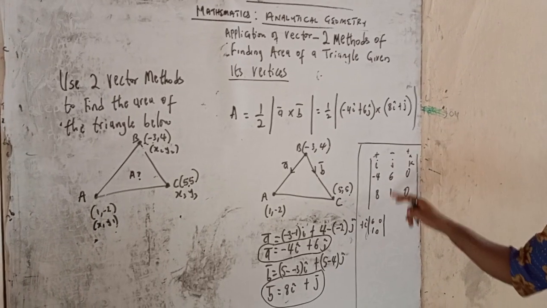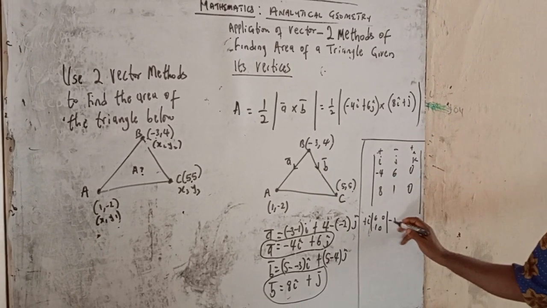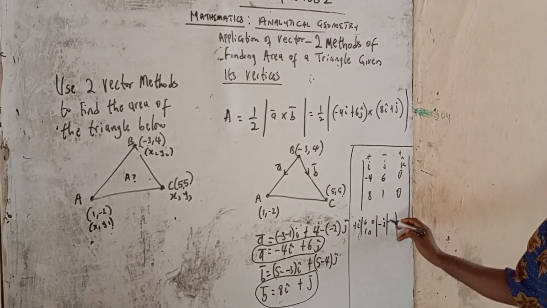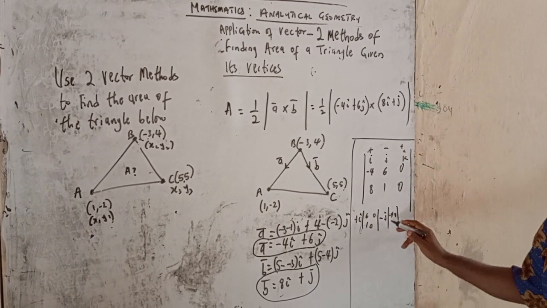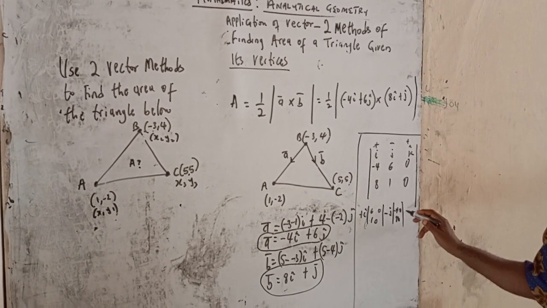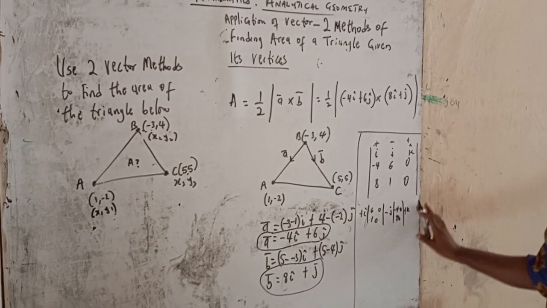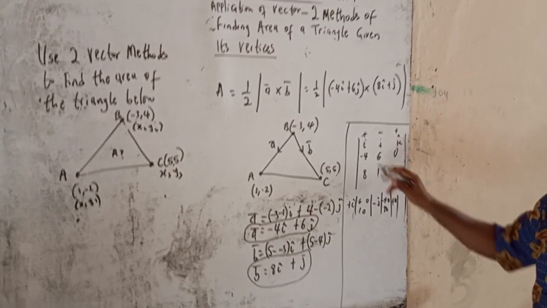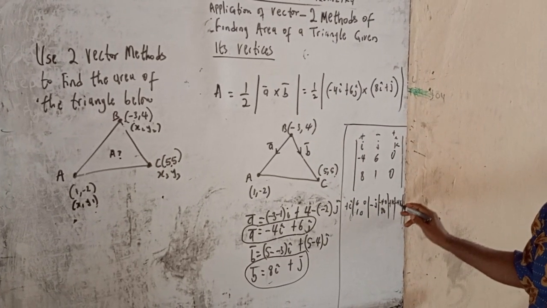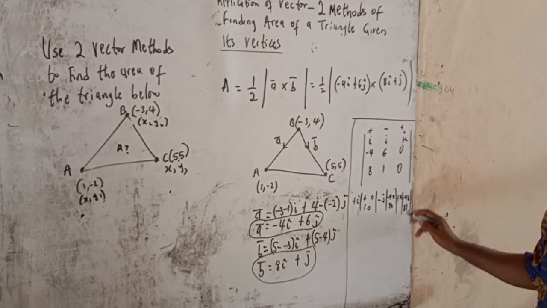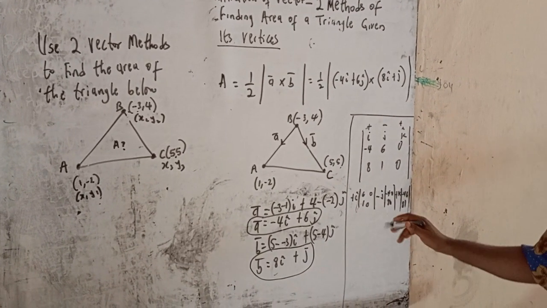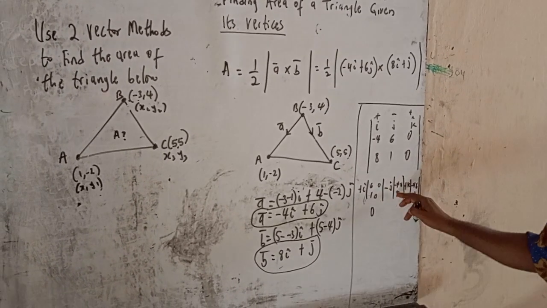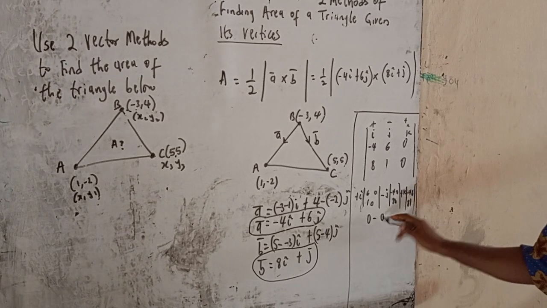Then when we cross this one out, we have minus j, and what is left inside is minus 4, 0, 8, 0. Then for this unit vector, plus k, we have minus 4, 6 and 8, 1. Ordinarily, because I have 0, 0 here, by the time I work this unit vector out, it's going to give me 0. This place too will give me 0.